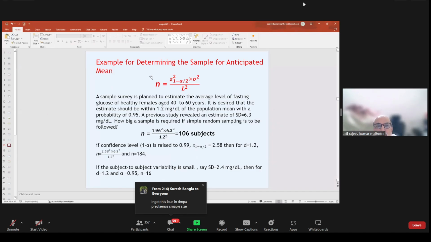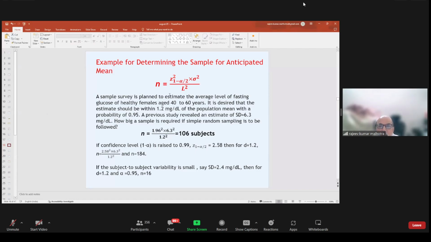Same thing if we want to estimate a sample size for the mean. Suppose I want to estimate a population mean. The example is this: a survey is planned to estimate the average level of fasting glucose in healthy females aged 40 to 60 years.